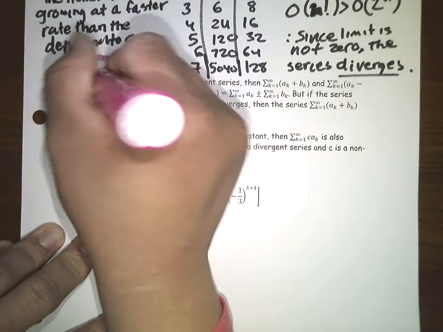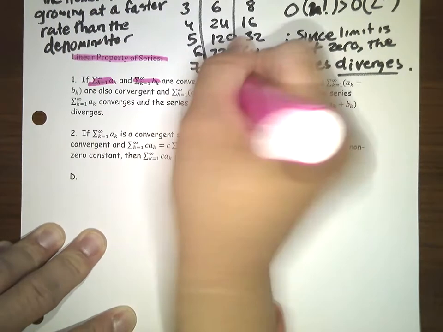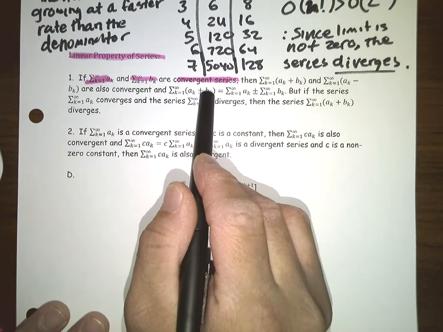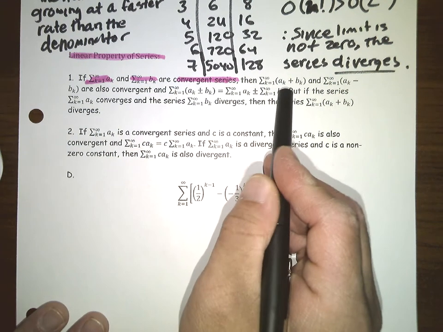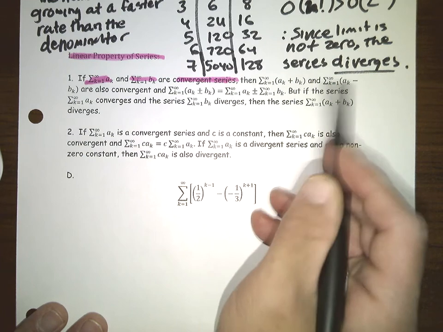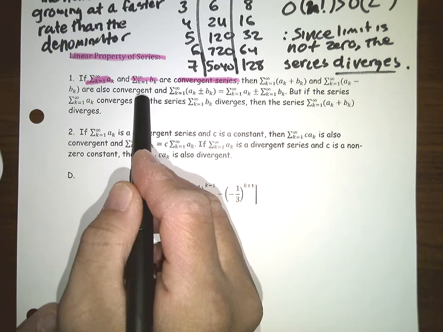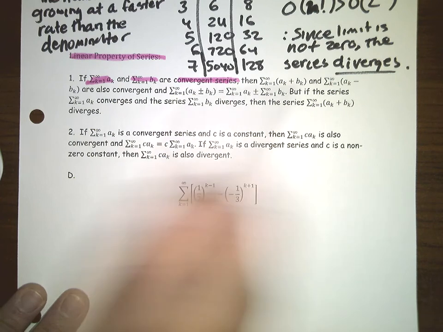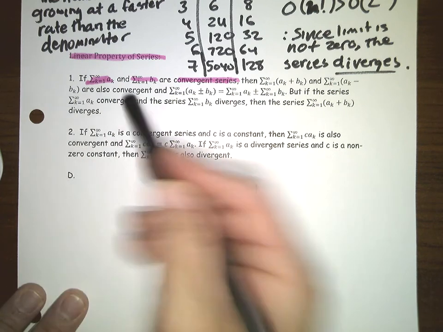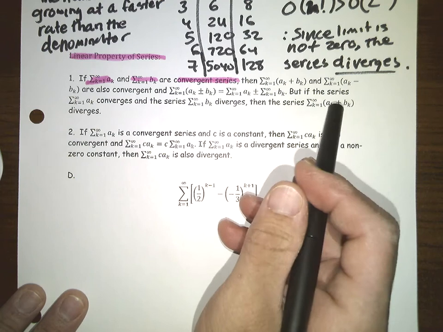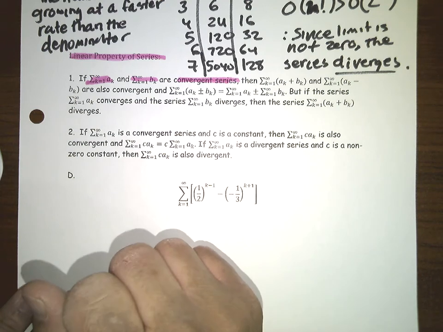The two series have to be convergent series. So if you have a series A and a series B, if these are convergent series, then the series A plus B and A minus B are also convergent. If the series A converges and the series B diverges, then the series A plus B diverges.